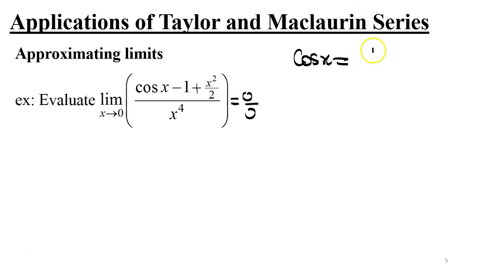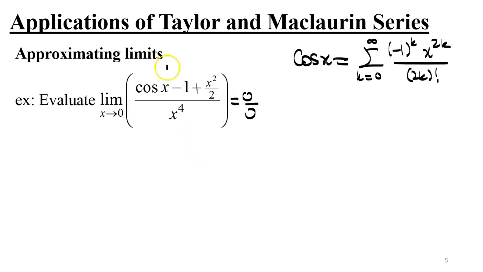So cosine x is the sum when k goes from 0 to infinity of -1 to the k times x to the 2k over 2k factorial. Now, the Maclaurin series corresponding to cosine only holds the even exponents of x. However, the Maclaurin series corresponding to sine holds the odd exponents of x.